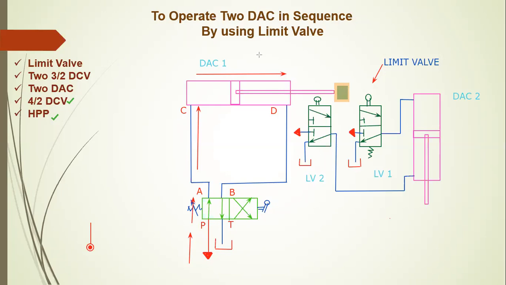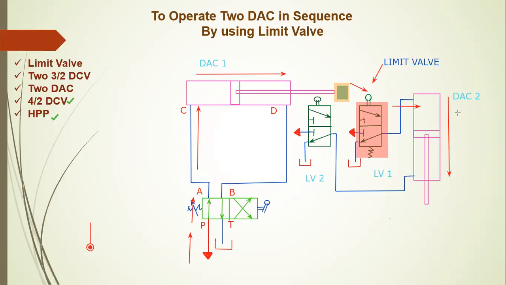This portion hits the limiting valve 1. The 3 by 2 limiting valve 1 is operated, and oil flows inside the double acting cylinder, which goes down, called the extended condition. Both cylinders, double acting cylinder 1 and double acting cylinder 2, are in the extended condition.